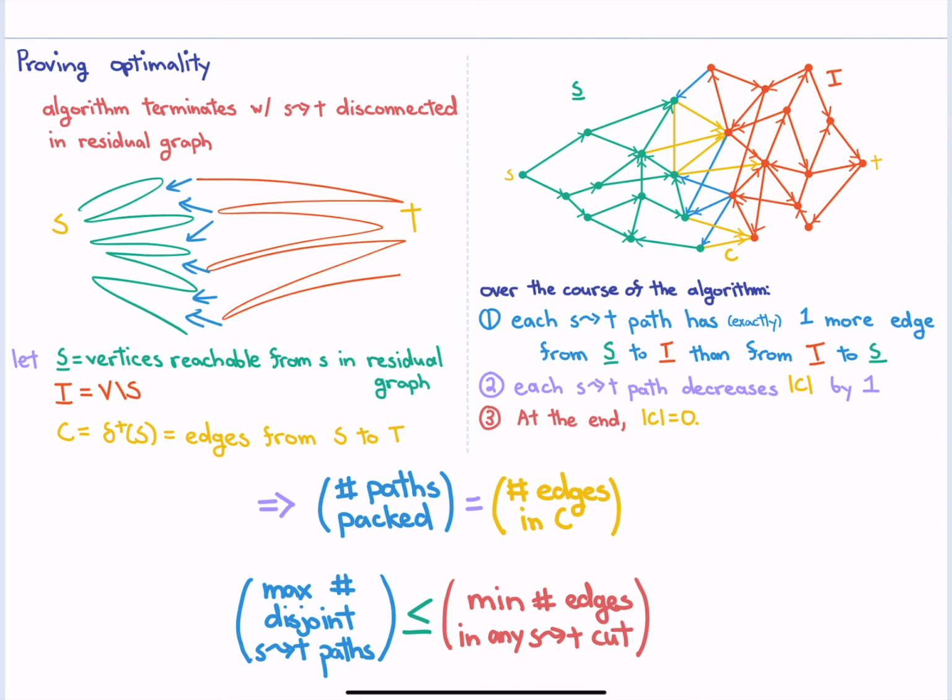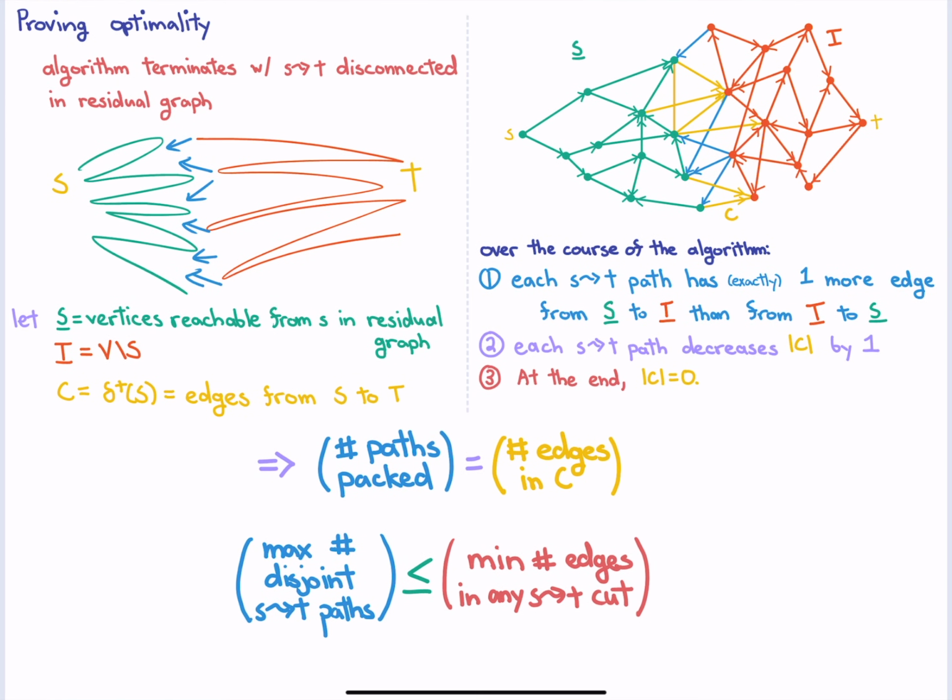Okay, so to flesh out the algebra, the minimum number of edges in any S to T cut is of course at most the number of edges in C, because C is a cut. And likewise, the number of paths that the algorithm takes is at most whatever the true maximum is, just because it's some edge packing versus the best edge packing.